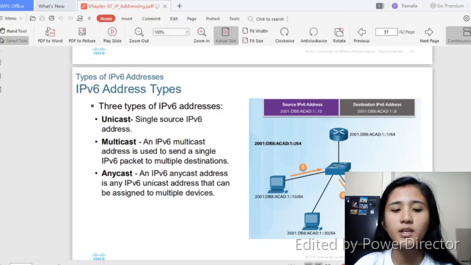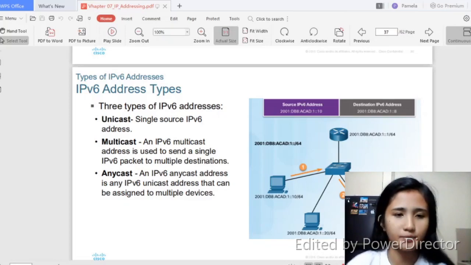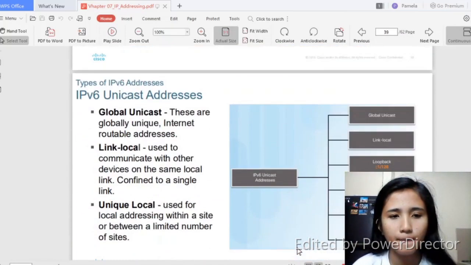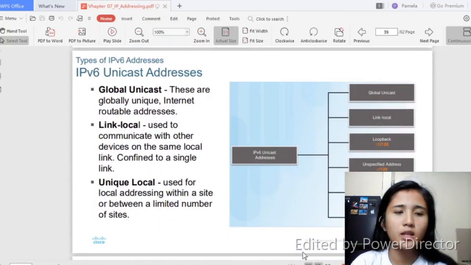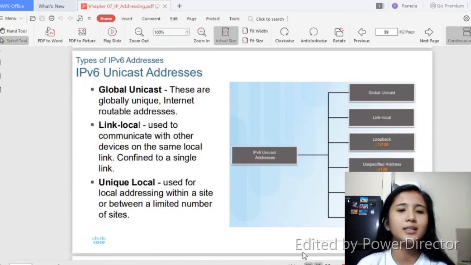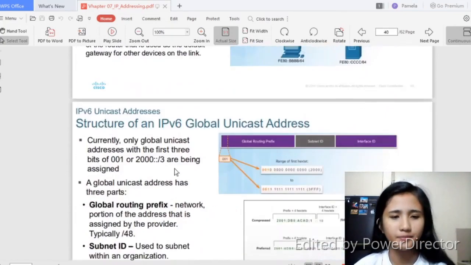An IPv6 anycast address is any IPv6 unicast address that can be assigned to multiple devices. Then the unicast addresses: the global unicast, the link local, and the unique local.